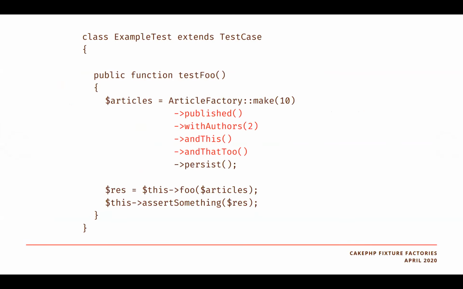The nice thing about it is that your factory is yours, so you can really add methods. For example, you could add a method called publish, which is not a native one, but you can write your own. That's going to set the field published to true, or have a method that creates authors on the fly, or do this or do that.